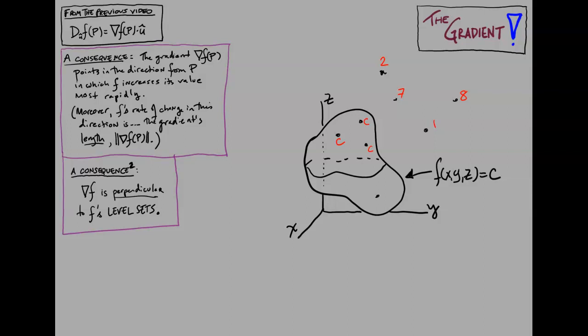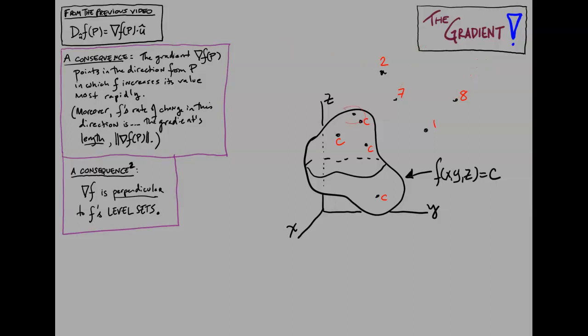If I have some other point on there, that's going to go to c. It's pretty boring. We could walk around on this surface all day long, and because it is a level surface, the value of the function, the temperature, if you want to think about it that way, would never change. So if we're at some point on this surface and we want to know what's the gradient of this function here, well, the gradient of the function here might look like that, or here it might look like that, or here it might look like that.